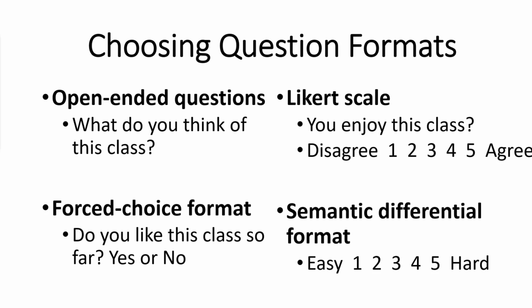How do you code and categorize those responses that you've been given? And the more varied the responses are, the more difficult and time-consuming it gets to try and quantify those responses to use in your research.